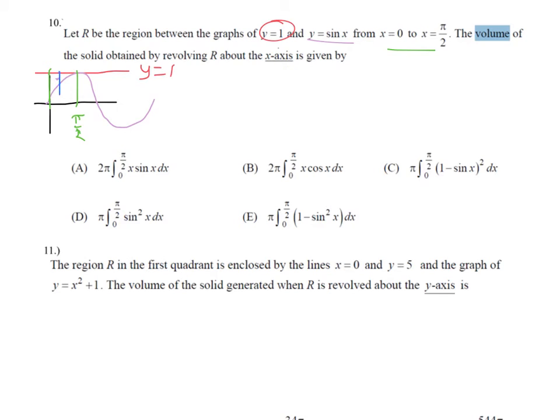let's draw a line. And we know that the x-axis has a y value of 0. This top point is y equals 1. And this point here in the middle is y is equal to the sine of x.